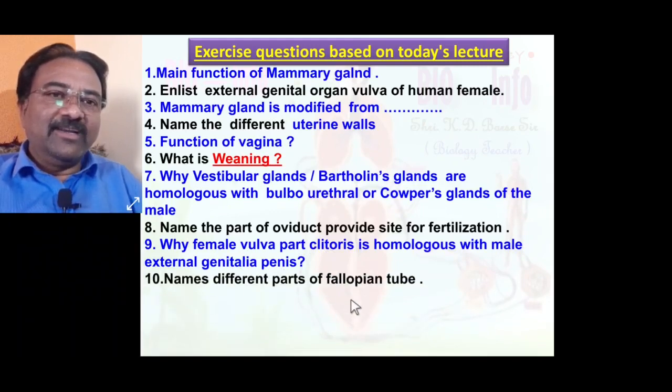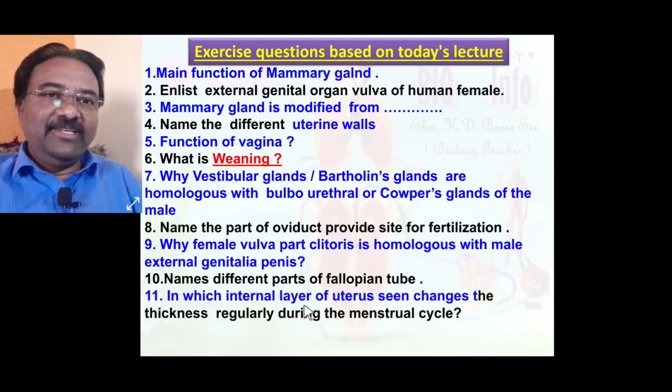Name the different parts of the fallopian tube. You know, the fallopian tube is also called oviduct or uterine tube. So the fallopian tube consists of the infundibulum as the proximal part, the ampulla as the middle part, and the isthmus as the distal part.